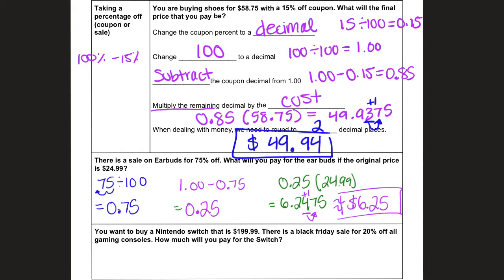Wonderful job. You should have taken the percentage, 20, and changed it to a decimal, divided by 100, and gotten 0.2, which I'm sure you did because you're so awesome at math.